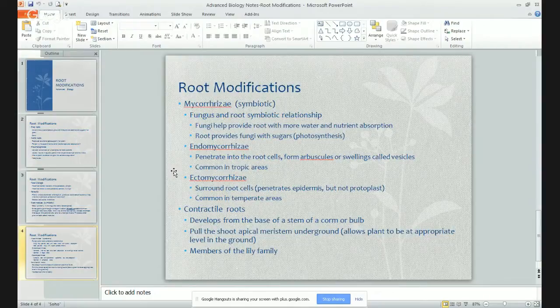So when they do that, you end up getting these swellings called vesicles into the roots, or other masses of cells called arbuscules.